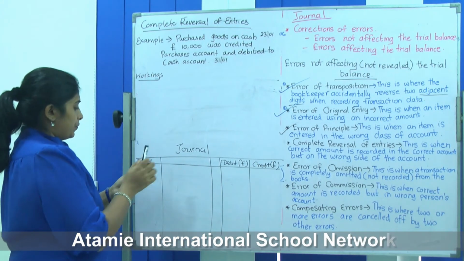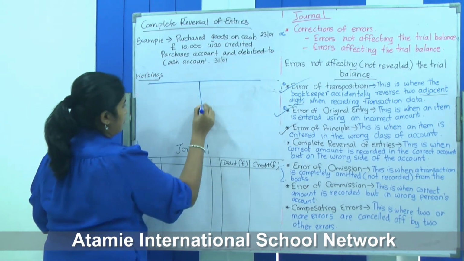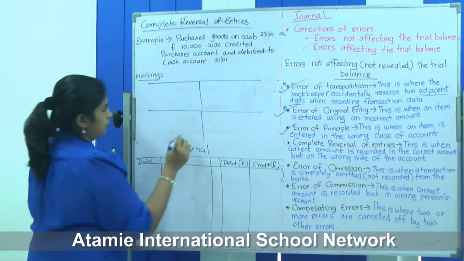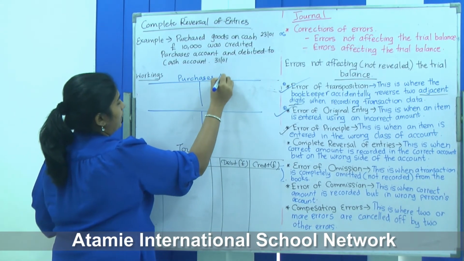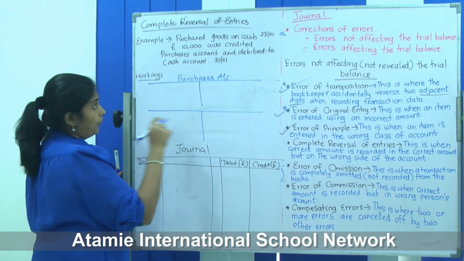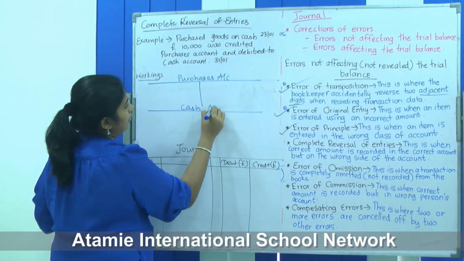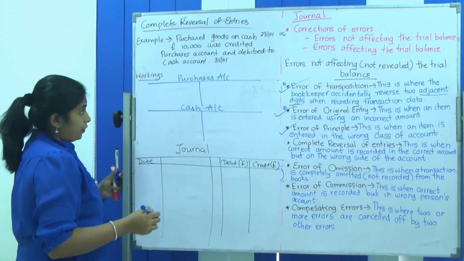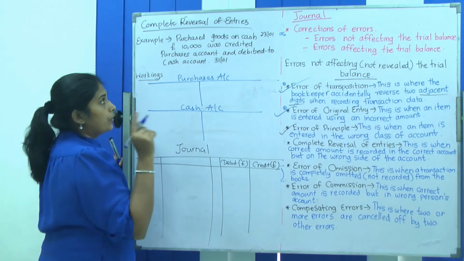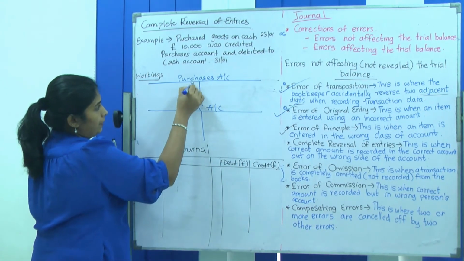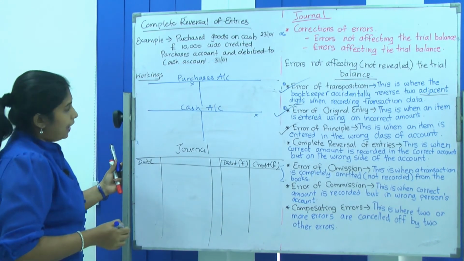Okay, so normally, when you purchase goods, it increases the purchases, so it will be recorded in the purchases account. Here they have purchased on cash, so it will be recorded in the cash account. So the normal entry is, when you purchase goods, it will be debited to the purchases account and credited to the cash account.